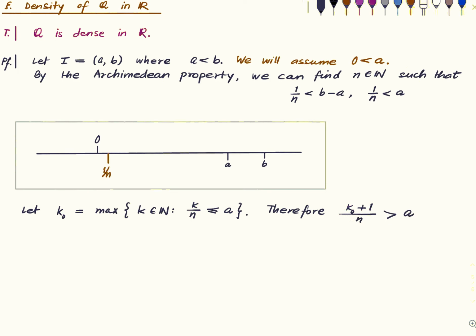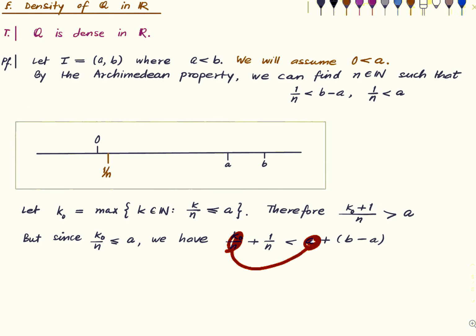And now, since k naught by n is not less than a, this is less than or equal to a. Less than or equal to a, we have k naught by n plus 1 by n is strictly less than a plus b minus a. So what happened? This was less than or equal to a, but this was strictly less than b minus a. Note this one.